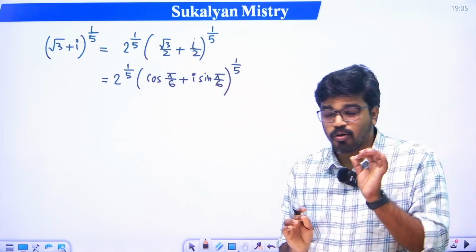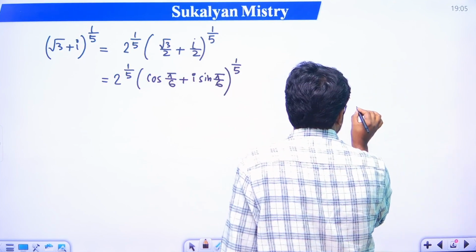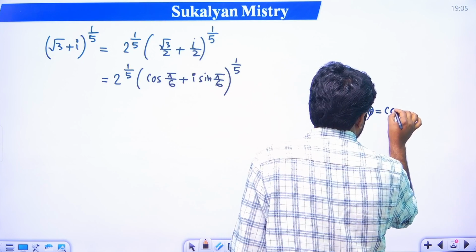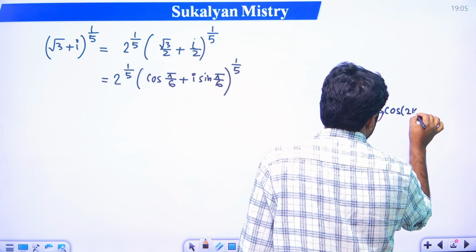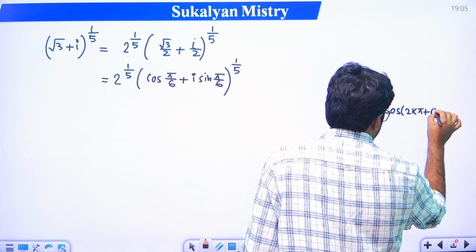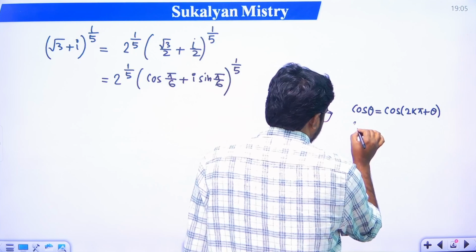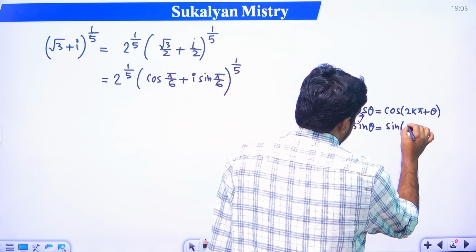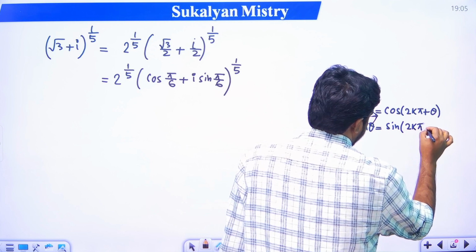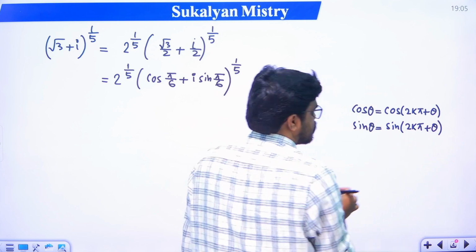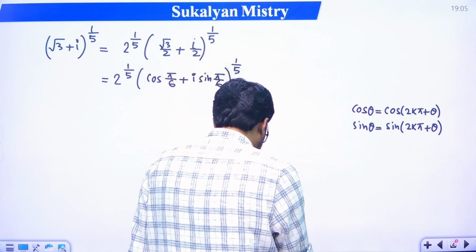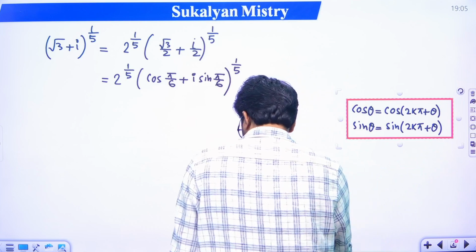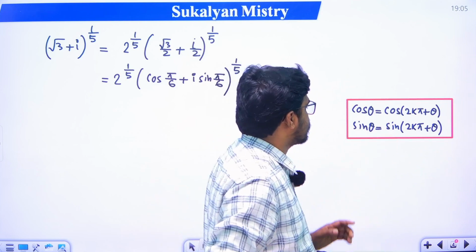Now, just recall this. Cos theta can be written as cos 2k pi plus theta, right? Sin theta can be written as sin 2k pi plus theta. So note this point. Cos theta is cos 2k pi plus theta.